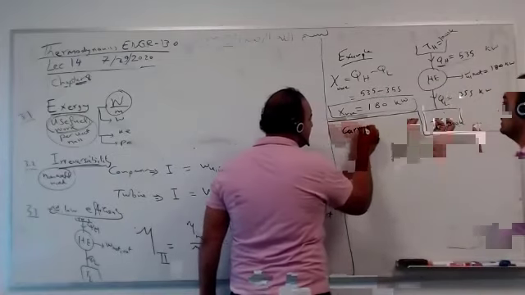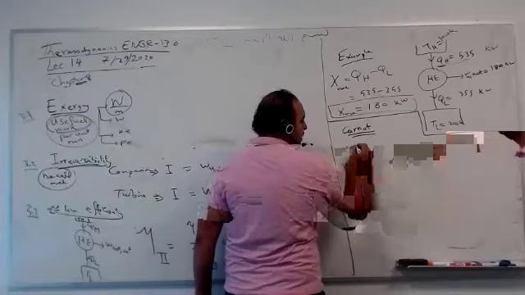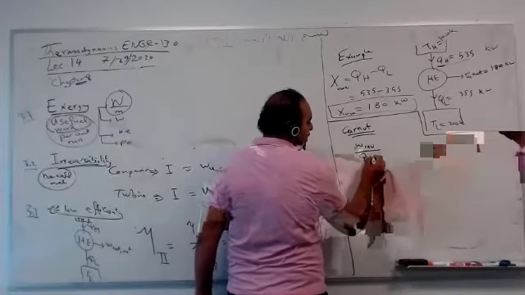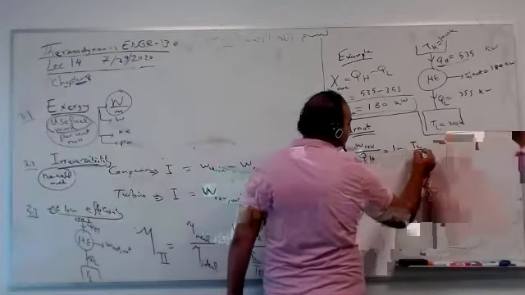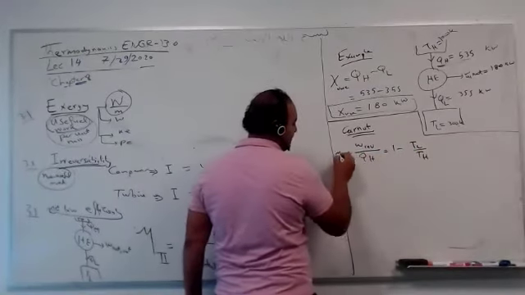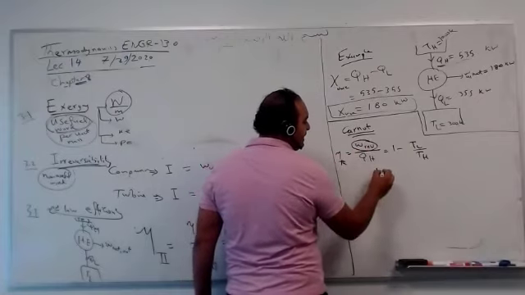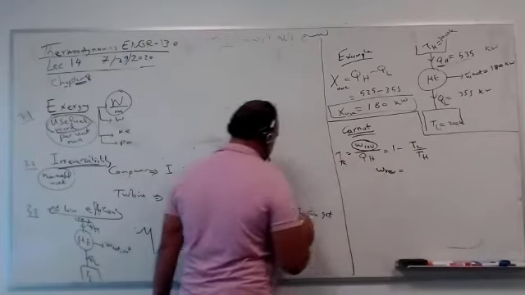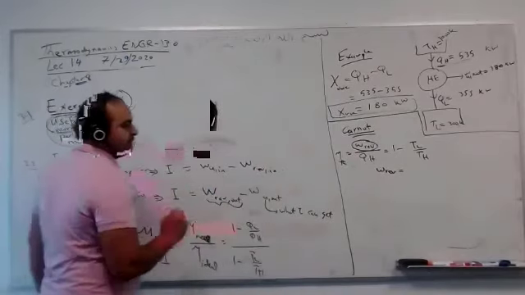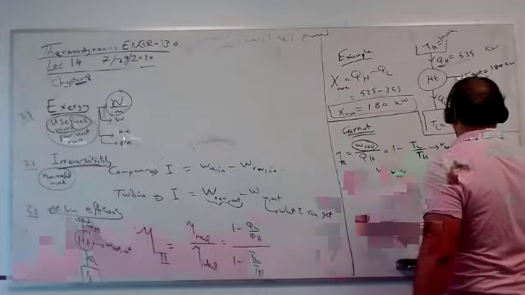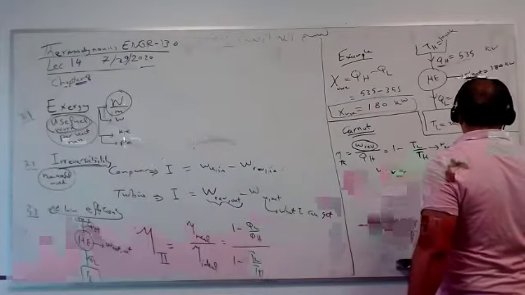According to Carnot, W reversible or ideal over Q high equals 1 minus T low over T high. This is exactly efficiency, eta thermal. So I can get the maximum work, W reversible, which is Q high times (1 minus T low over T high).